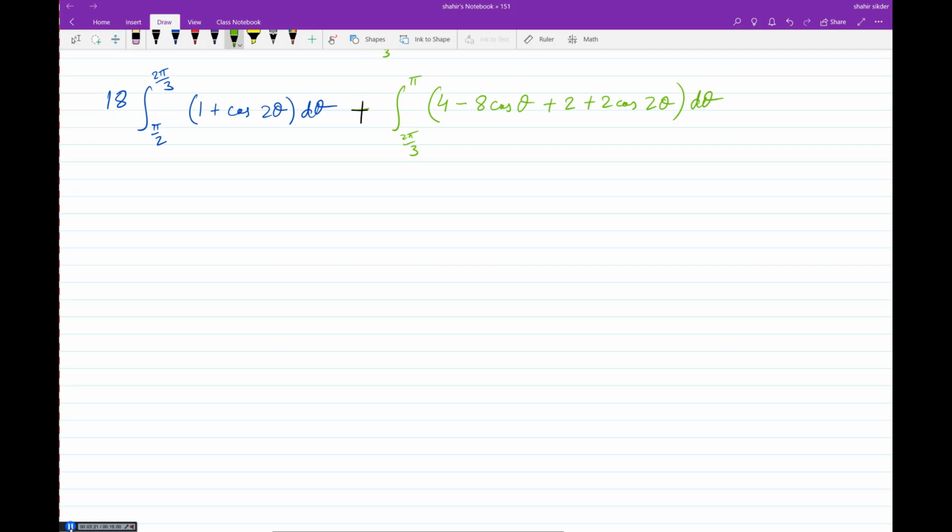So if you think about the first integral, 18 is just a constant, first part. The integral of 1 with respect to theta is just theta, plus the integral of cosine 2 theta is sine of 2 theta. But do not forget our u substitution: if you take your u as 2 theta, your du would be 2 d theta, so we need to put a 2 in here.